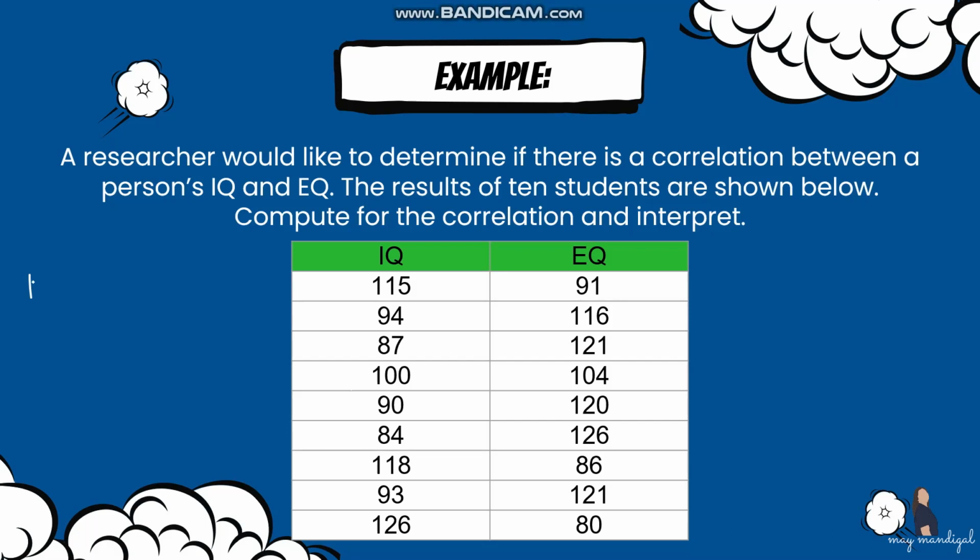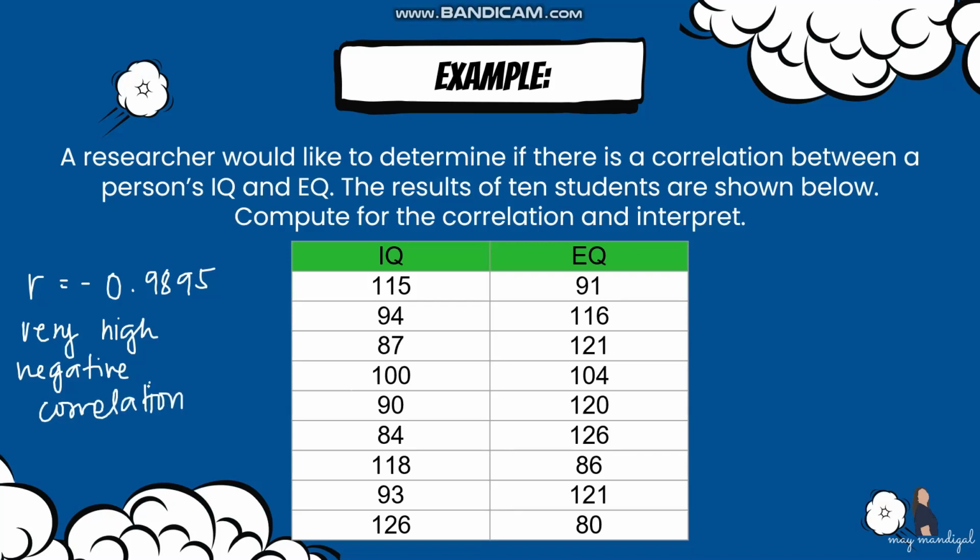So we can write here R is equal to negative 0.9895. And if you look at the table, that falls to very high correlation. But since it's negative, we will write very high negative correlation.